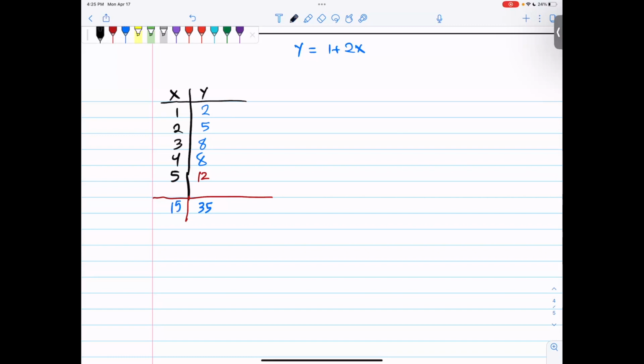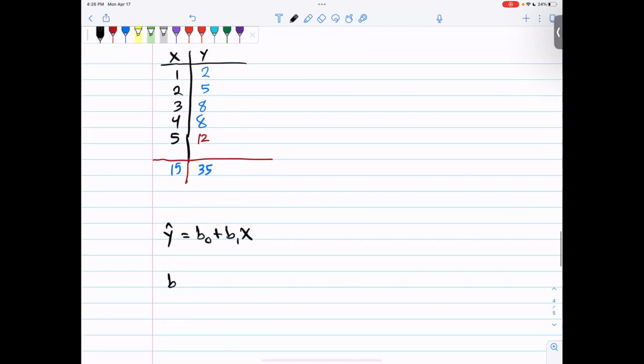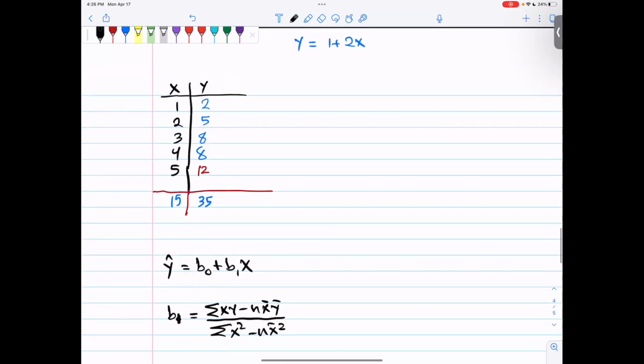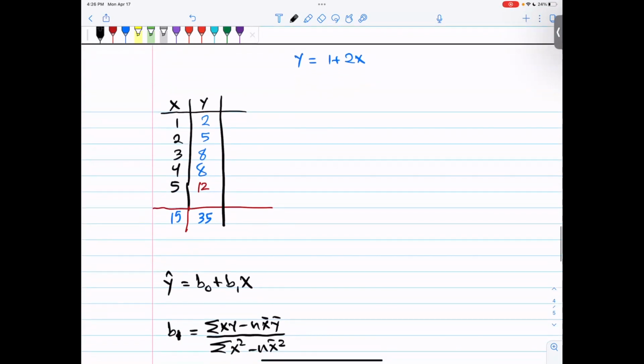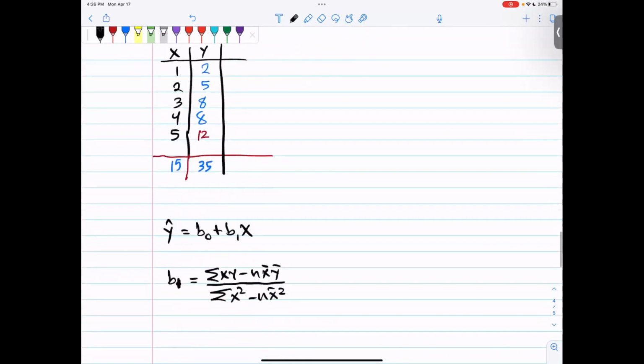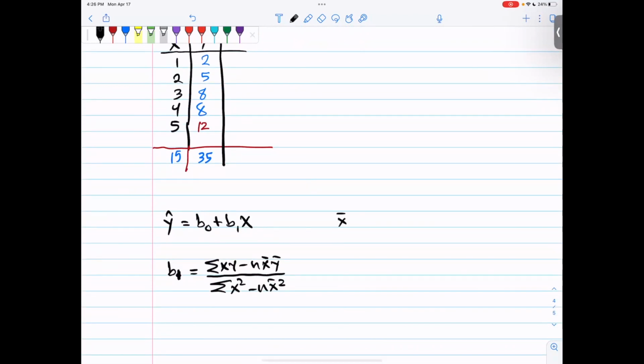So now what we want to do is find this function, y hat equals beta 0 plus beta 1x, okay? So the first one we'll find is beta 1, which is summation xy minus n x bar y bar divided by summation x square minus n x bar square. So let's start. We need x bar and y bar. So x bar equals summation x divided by n, which is 15 divided by 5, then x bar equals 3.